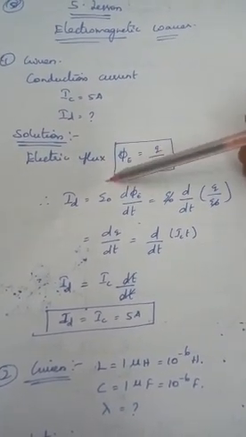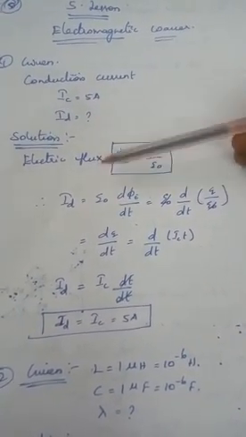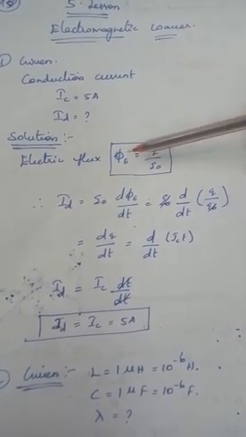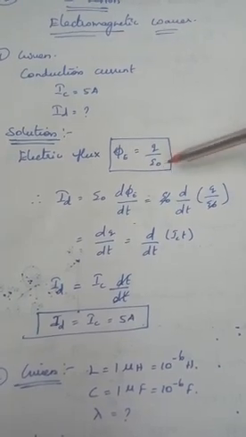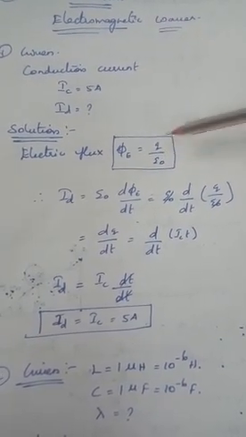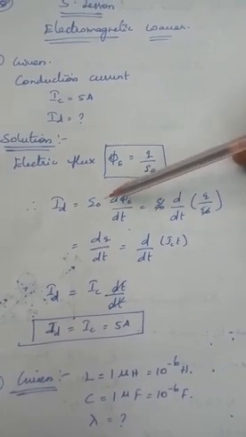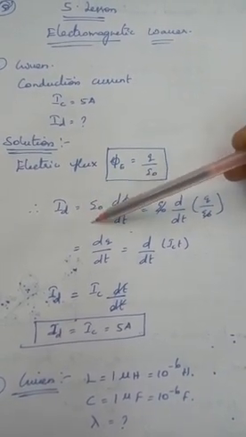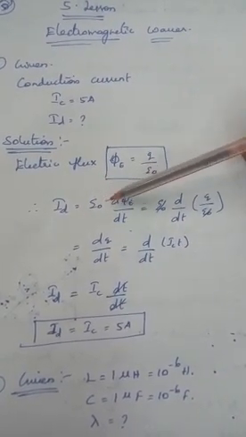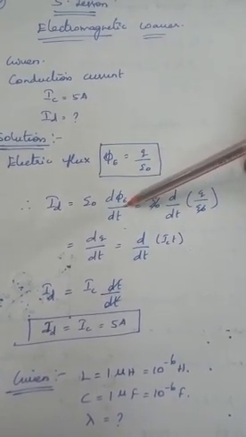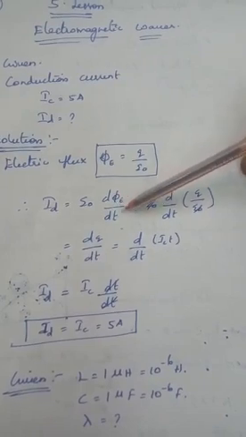Solution: in finding the ID value, we have to calculate the electric flux also. So phi is equal to Q by epsilon naught, that you know. According to Maxwell's correction, ID, that is the displacement current, is equal to epsilon naught into the change in electric flux with respect to time.